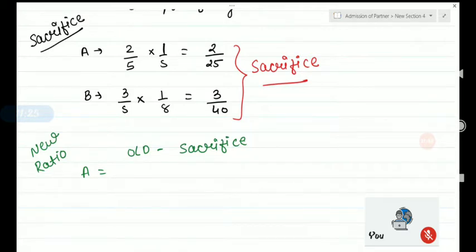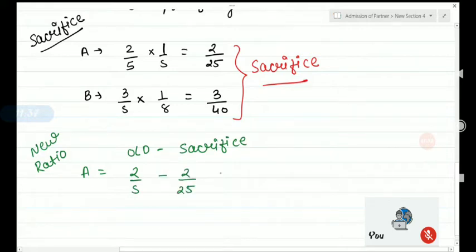So if I deduct sacrifice from his old ratio, then definitely I will get new ratio of A. Old ratio was 2 upon 5 minus sacrifice 2 upon 25. Exactly here you should take LCM, but if you are unable to take LCM, then just cross multiply. 25 5s are 125, 25 2s are 50, and in the same manner 5 2s are 10, minus 10, so 40 upon 125.